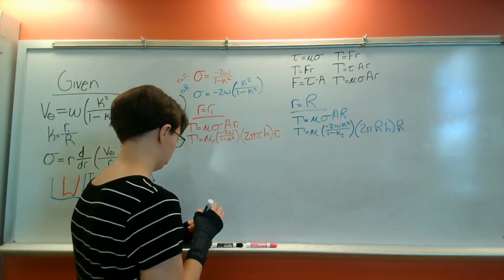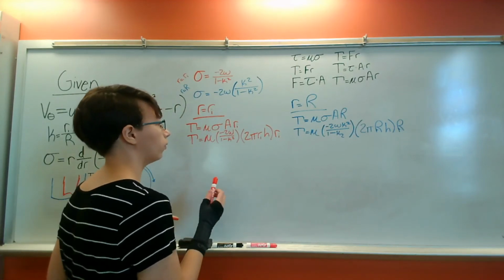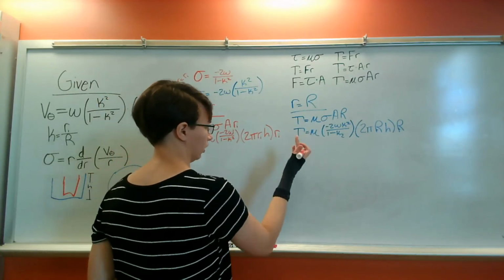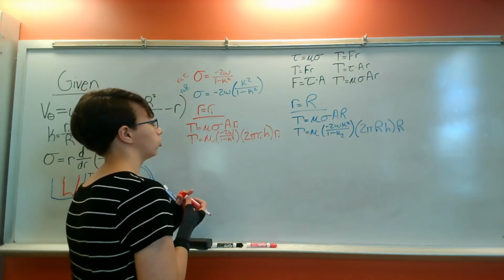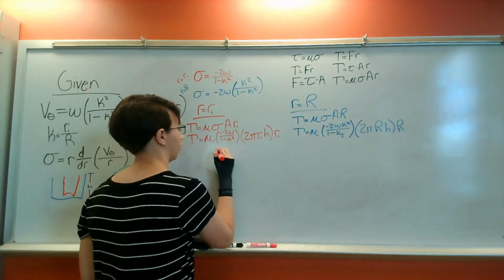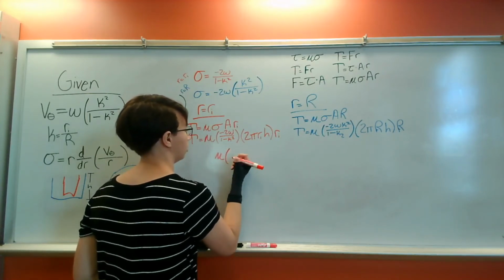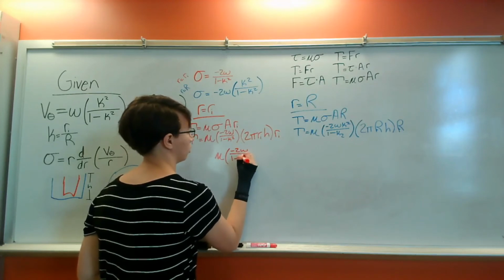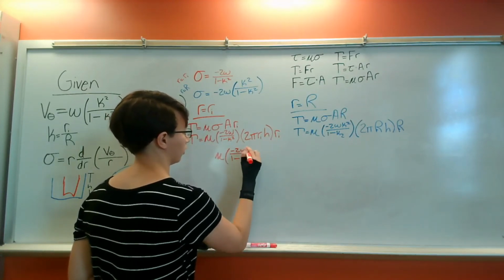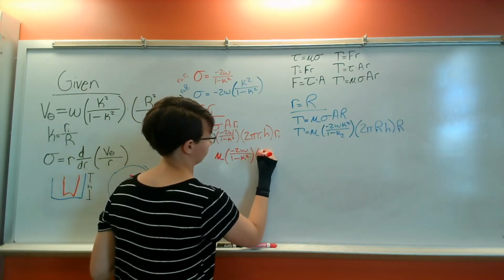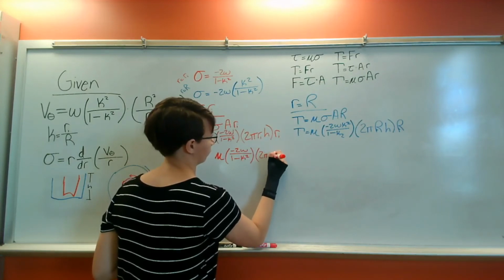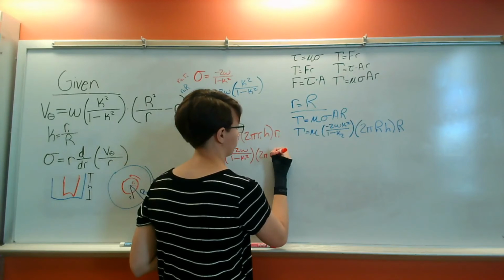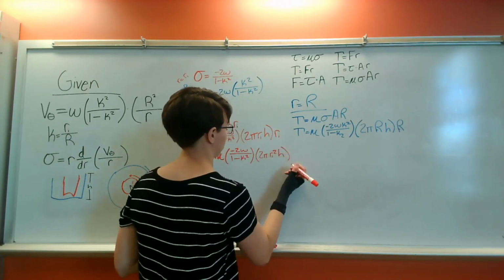All right. So then we want to see, is this torque equal to this torque? So we'll have mu times, I'm just copying this torque down here. Then we have Ri times Ri, so that's inner radius squared.